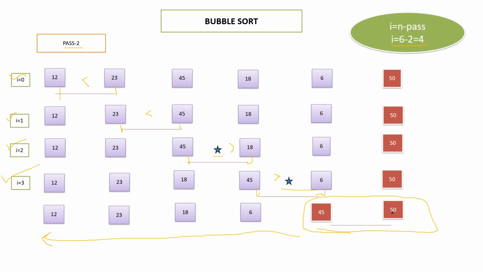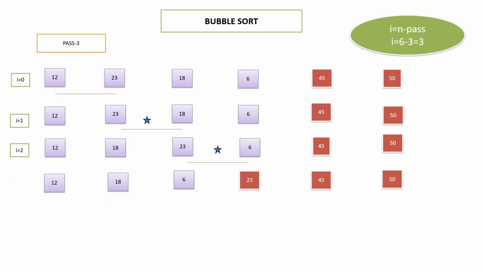Now we move to the third pass, and in the third pass the index loop will go up to n minus pass. It means that the index will go from 0 to 2. At i equal to 0, we have the ith element 12 and the i plus 1 element 23. When we compare them, 12 is smaller than 23, so we don't need to swap these values.